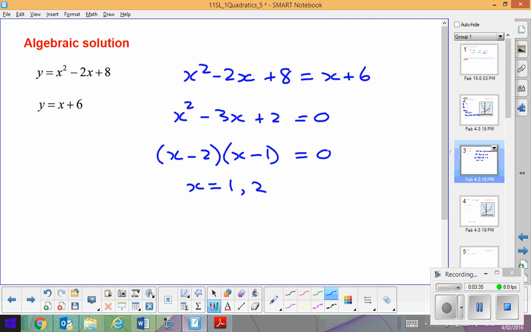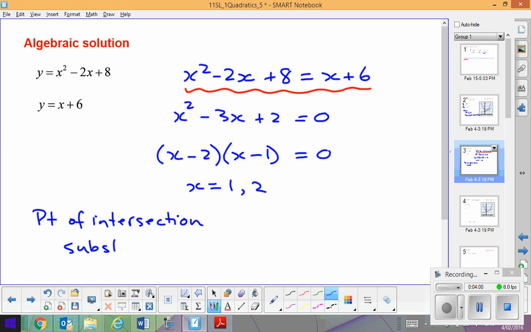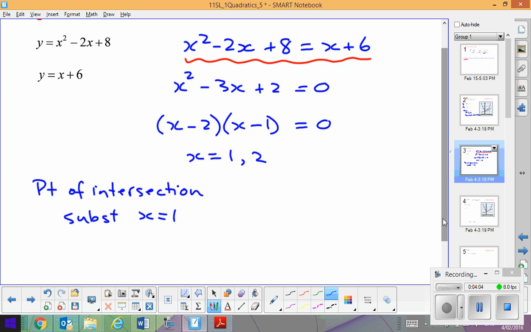If you're after the points of intersection, that means you need both coordinates. If you're just after a solution to this original equation, then it's sufficient to give your answers as x equal to 1 or 2. If you're after the point of intersection, then you need to substitute in x equal to 1, and just like you did in your simultaneous equations, you could choose either equation.